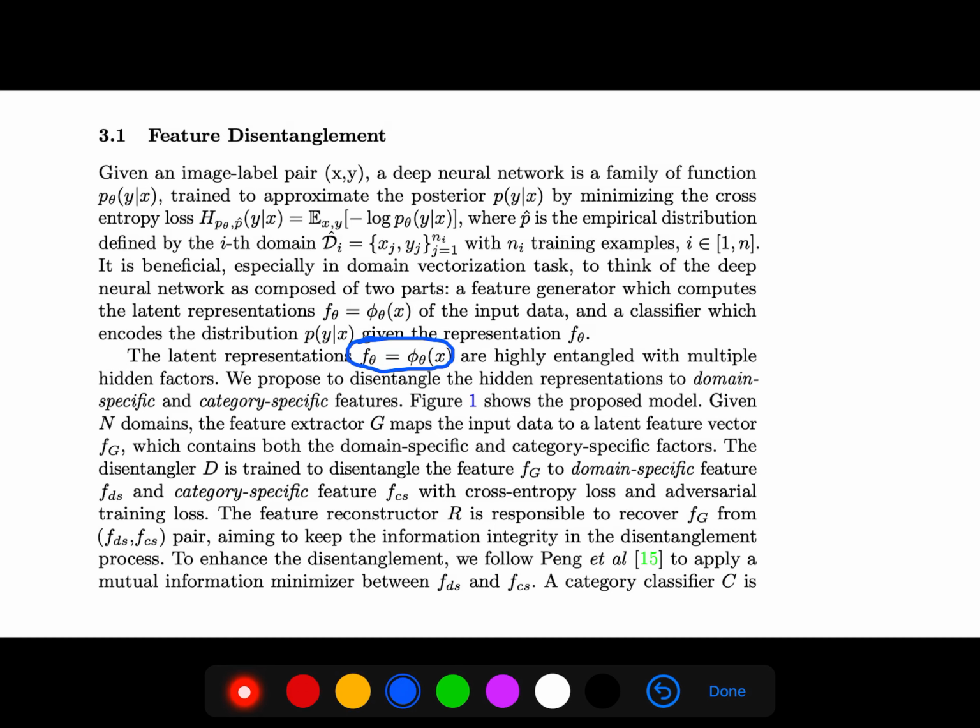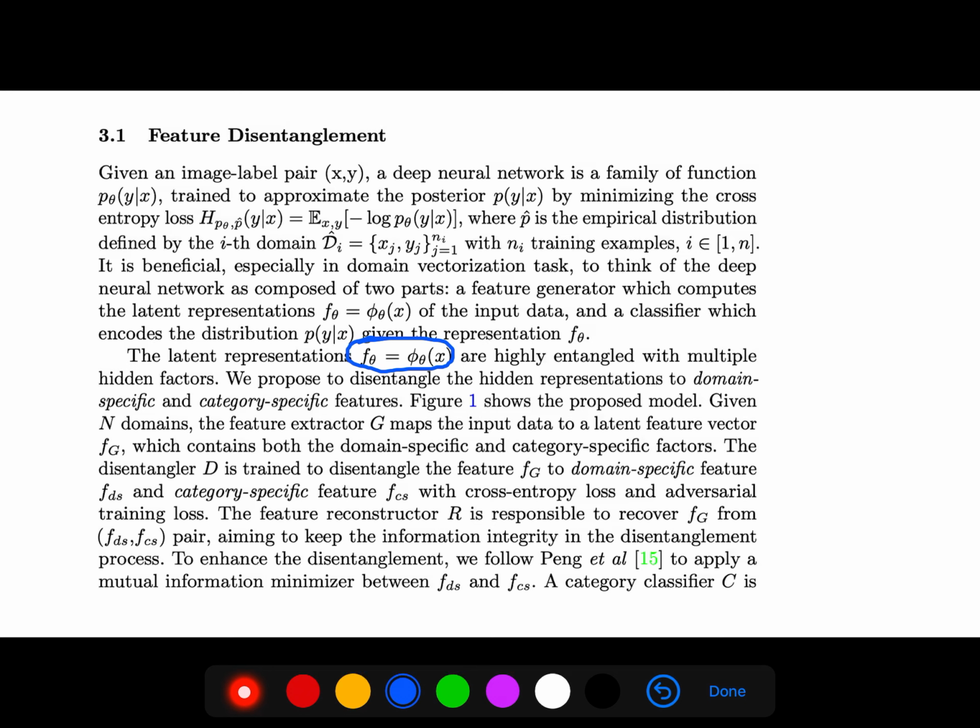Given n domains, the feature extractor G maps the input data to a latent feature vector which contains both the domain-specific and category-specific features. The disentangler is trained to disentangle the feature to domain-specific feature and category-specific feature with cross-entropy loss and adversarial training loss.